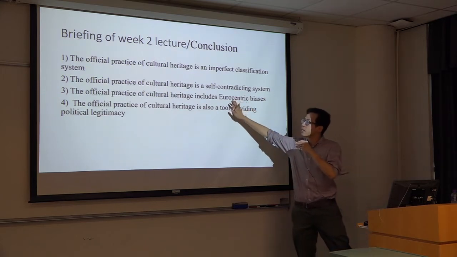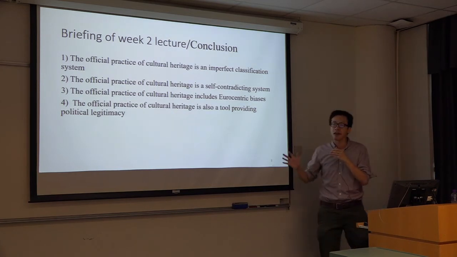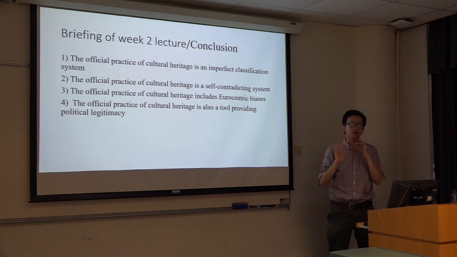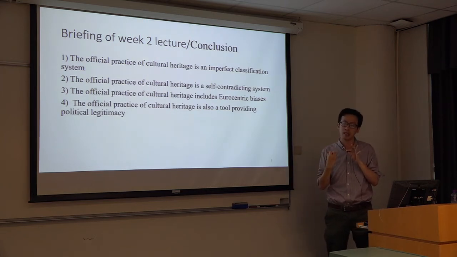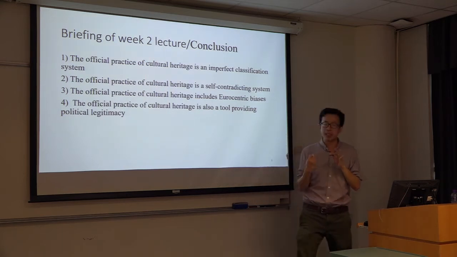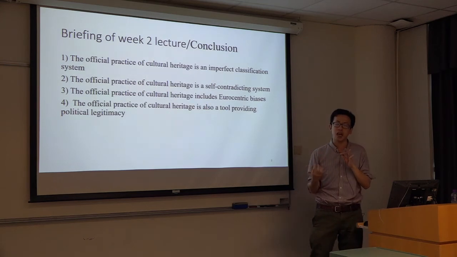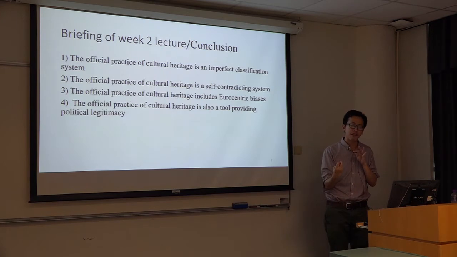And this system includes lots of Eurocentric biases. And remember, cultural heritage is not just about tourism. In a lot of scenarios, it is also related to politics, related to a very critical issue: how a state or certain authority imposes or increases its sovereignty or its impacts through the implementation of the classification system.